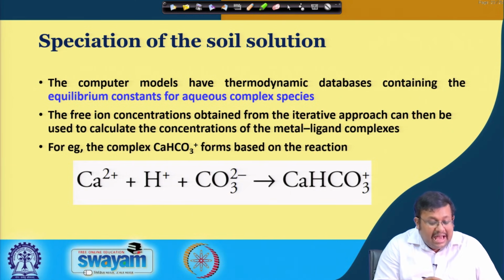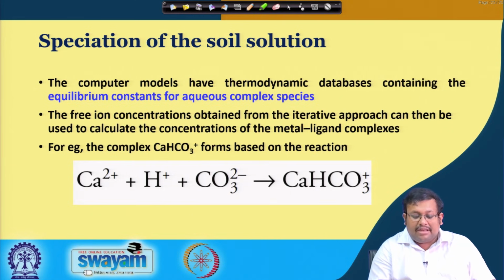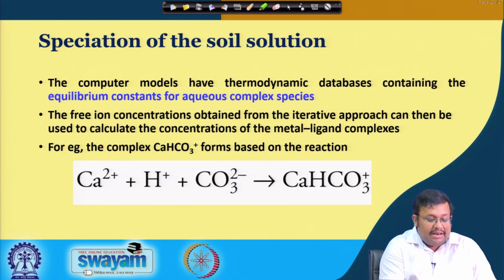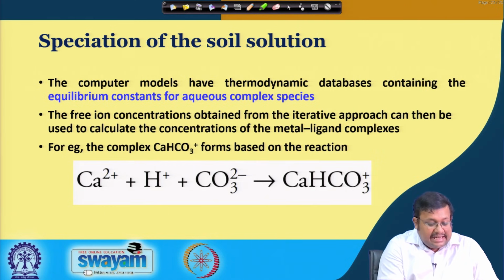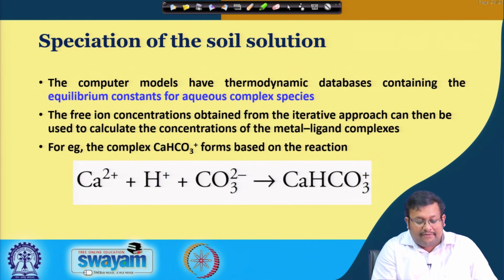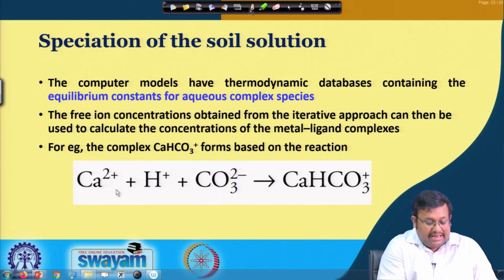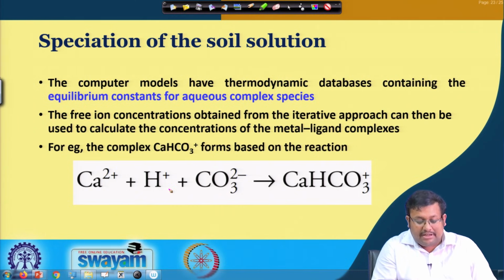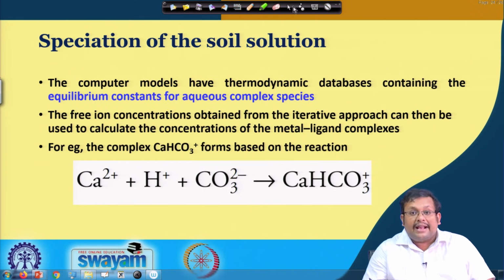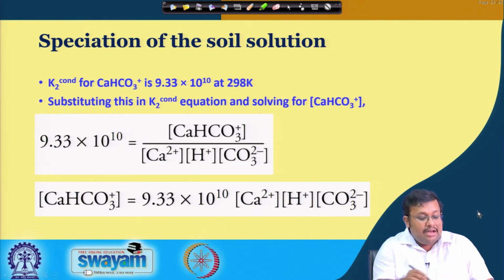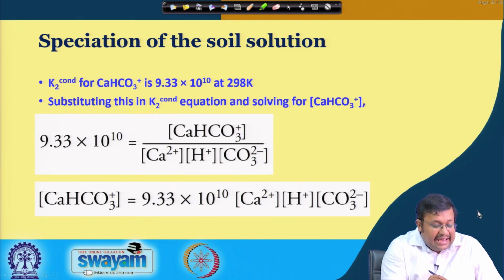The free ion concentration obtained from the iterative approach can then be used to calculate the concentration of the metal ligand complexes. For example, here the complex calcium bicarbonate forms by this reaction: Ca2 plus, H plus, CO3 2 minus. So, from there we can calculate.